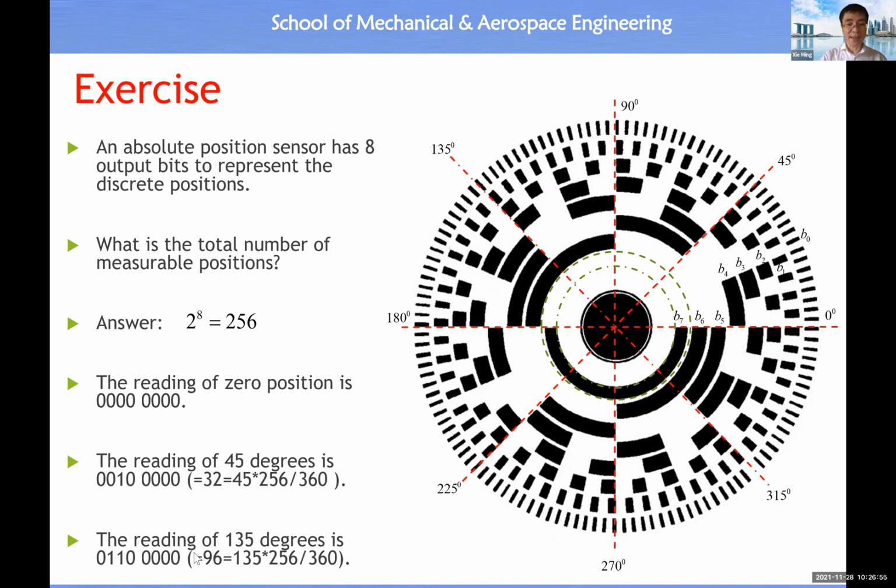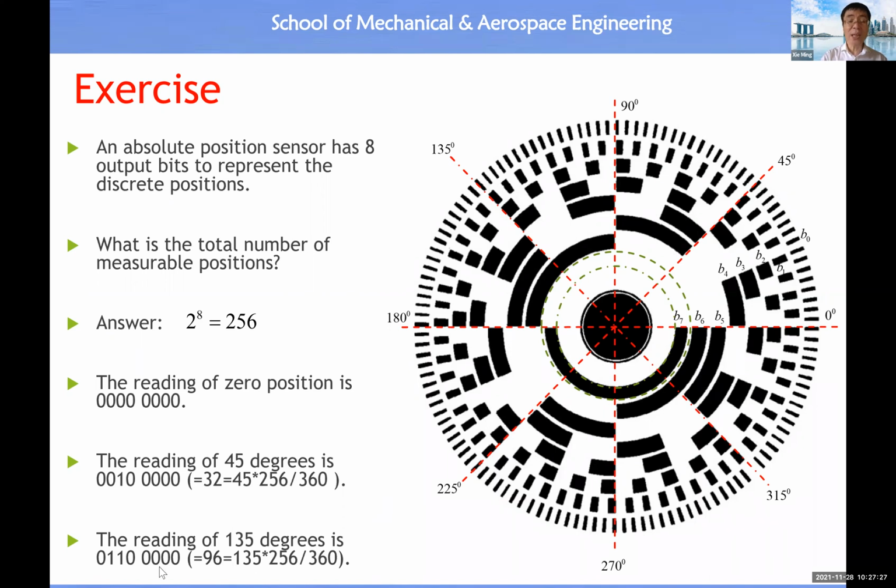All right. Then we continue. If the angular position is 135 degrees, because the resolution per degree is equal to 256 divided by 360, because this number gives you the sensory value per degree, and we now have 135 degrees, you multiply them together and you get this decimal number, 96.